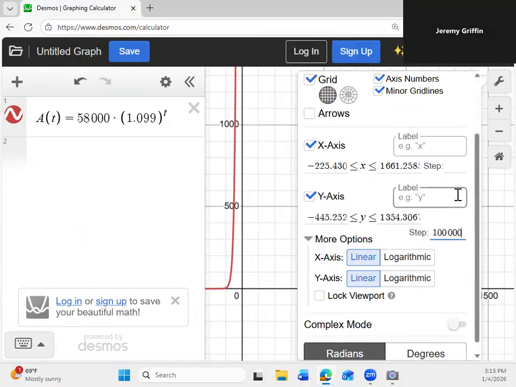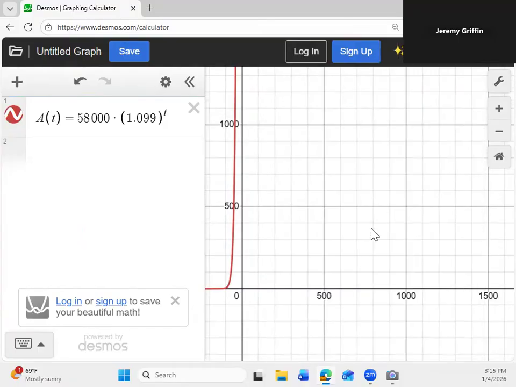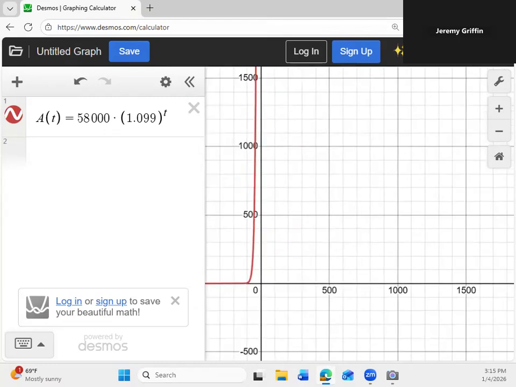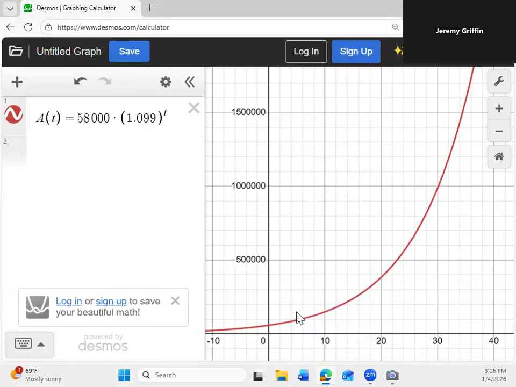Let's see if that takes care of it. All right, so here's what I did. I changed the x-axis from about -5 to 50. I zoomed around a little bit. I changed the y-axis from about 0 to 1.8 million or something like that. Shift around a little bit. That creates a much nicer looking graph. Now everything fits right there.